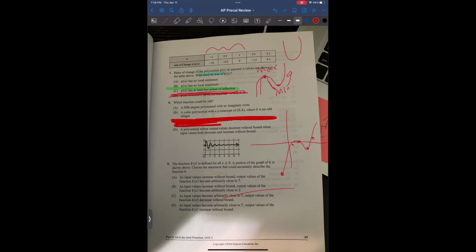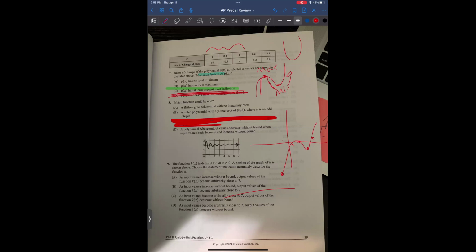What is another one that I can eliminate based on that origin information? B. Exactly, B. Because B is going to have a y-intercept of (0, b). But unless b is going to be 0, it's going to mess up the symmetry.